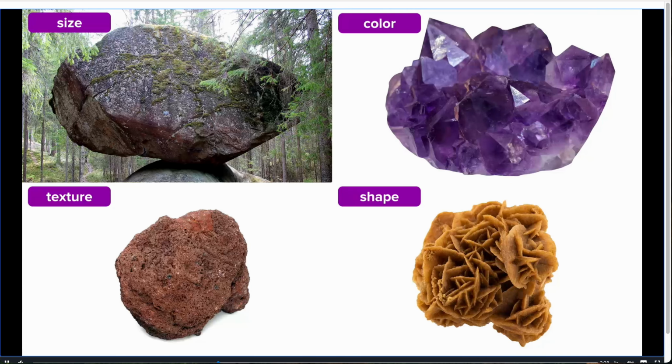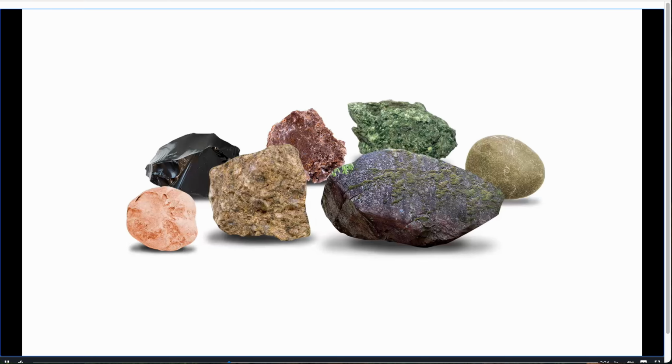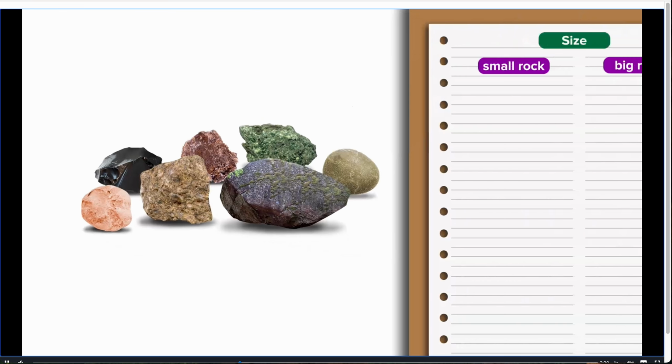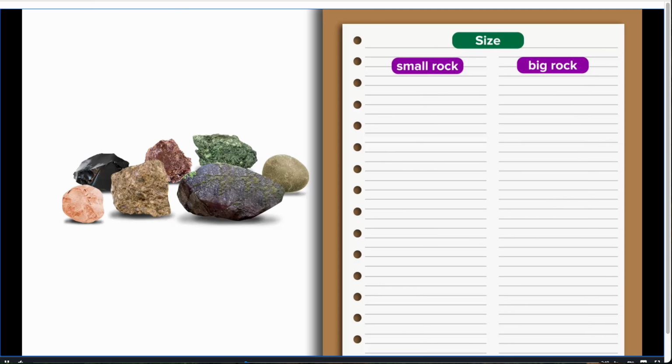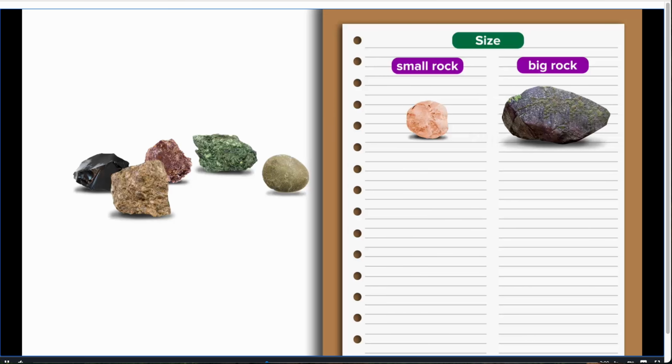We can use these properties to group rocks. How about we classify these rocks by size? Let's put one of these small rocks in the small rock column. Next, the big rock can go in the second column. Good job!